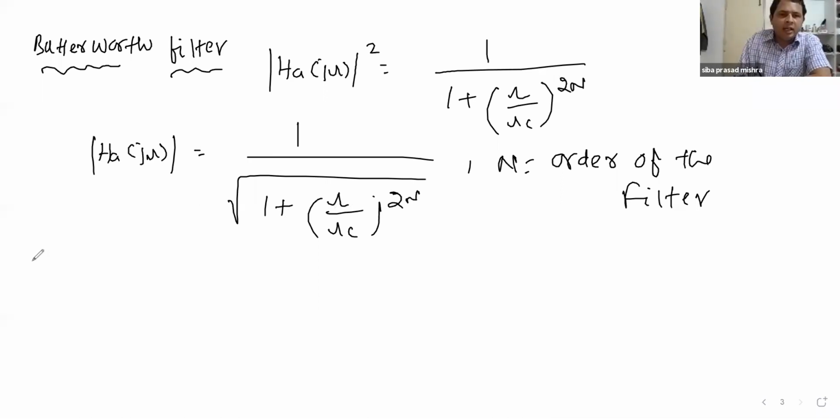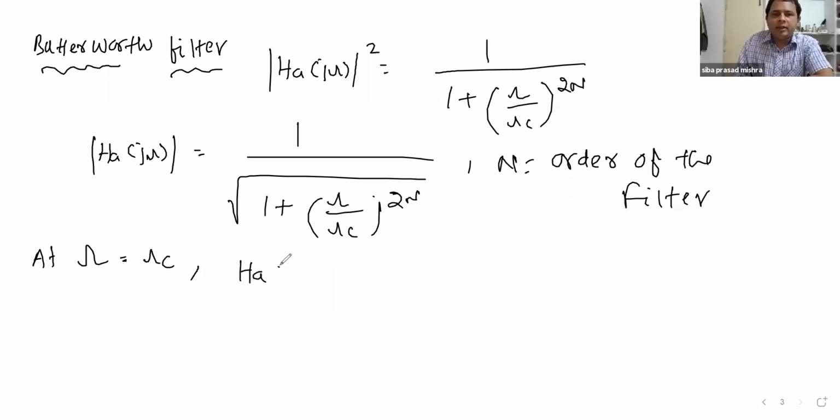Now at omega equals omega c. I will always use capital omega because it is analog filter design. Small omega will be used for digital filter design. This omega c is the cutoff frequency. Clear? Now we will see what happens at omega equals omega c.